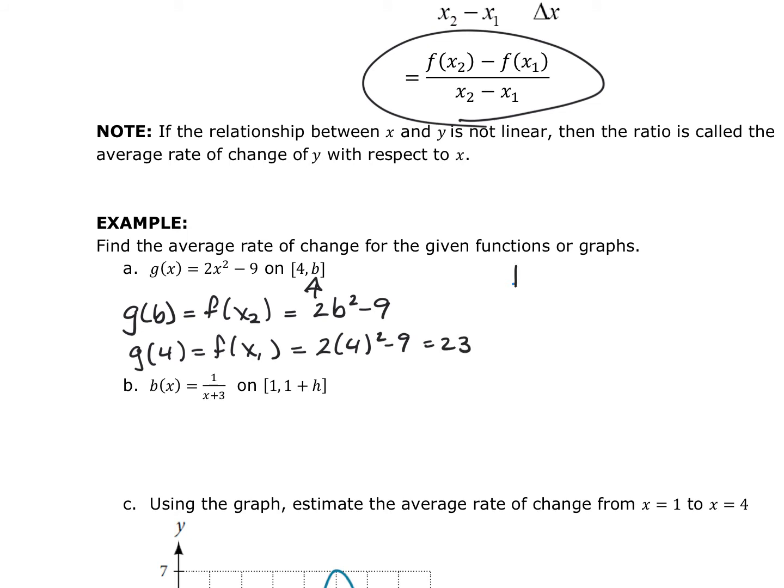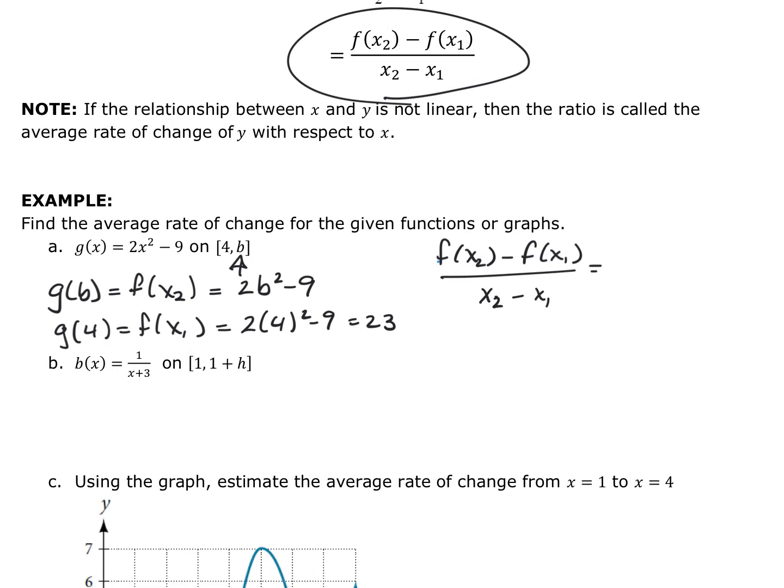So using that formula, f of x sub 2 minus f of x sub 1 all over x sub 2 minus x sub 1, this is going to be the average rate of change. It'll be 2b squared minus 9 minus 23.